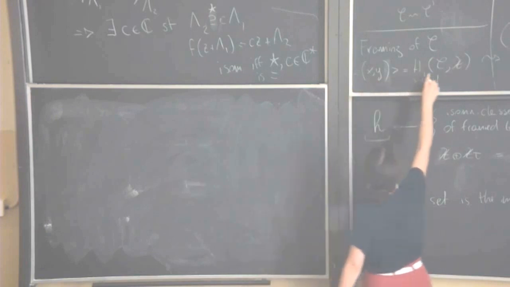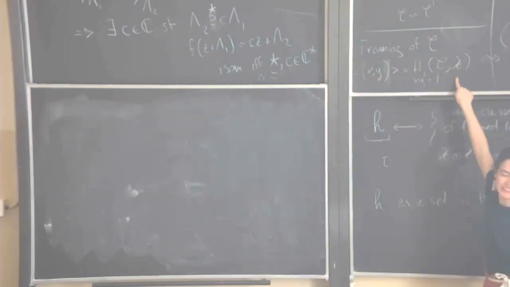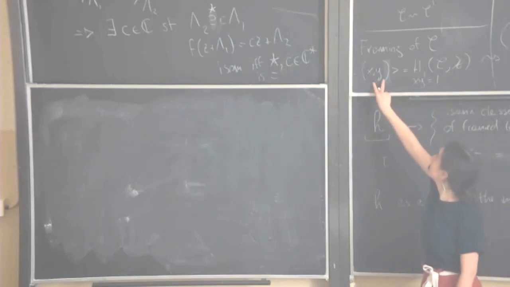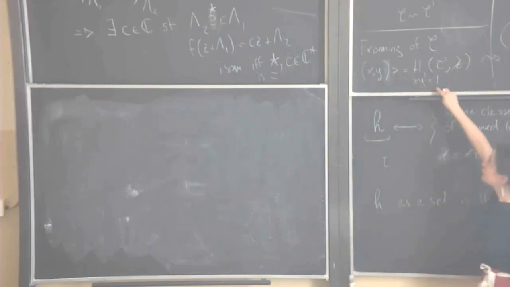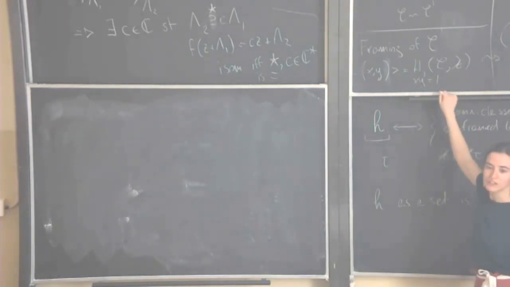It's a basis of the first homology group, yes, of integer coefficients. So it's a basis which is ordered and which gives intersection one, the two elements of intersection one.